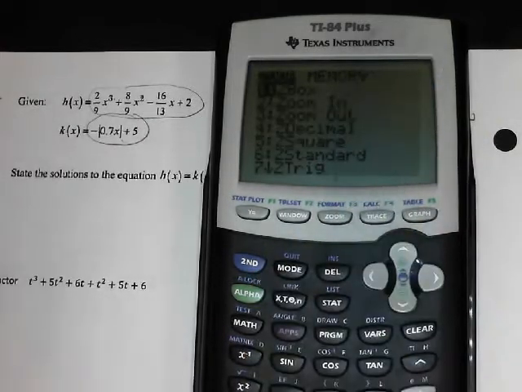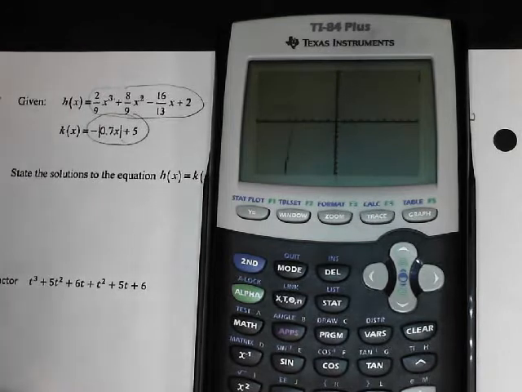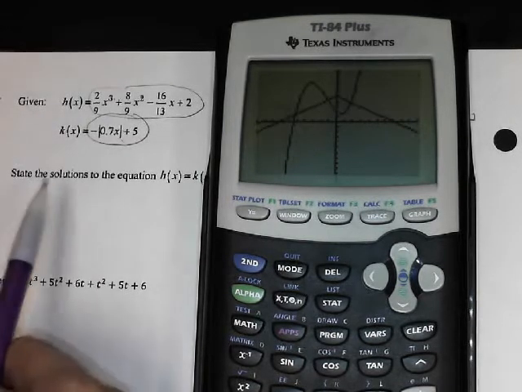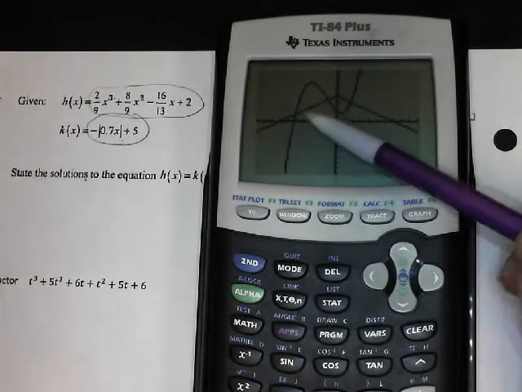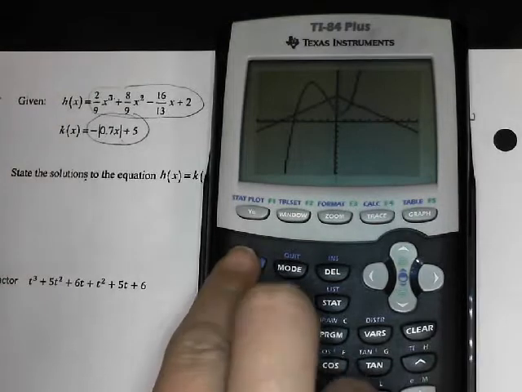Now zoom 6 will center everything. Here's my polynomial function, and here comes my absolute value. And we're looking for the solutions, plural. There's an S on there. Why? Because it intersects once, twice, 3 times. So we need to find all of those.